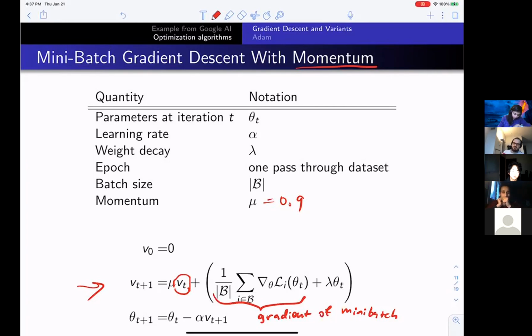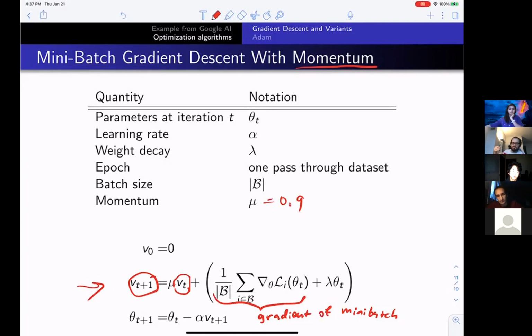And essentially what this does is it keeps adding the gradients to some variable VT, which keeps the sum of the previous gradients.